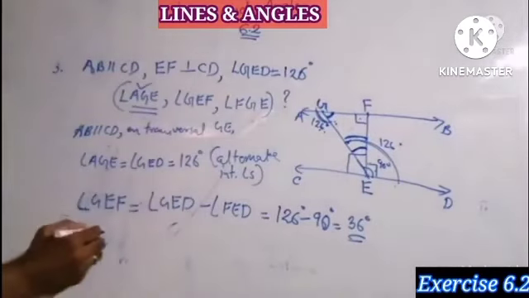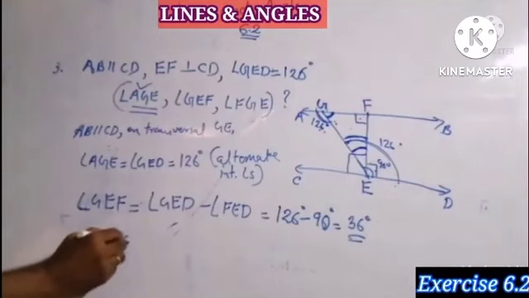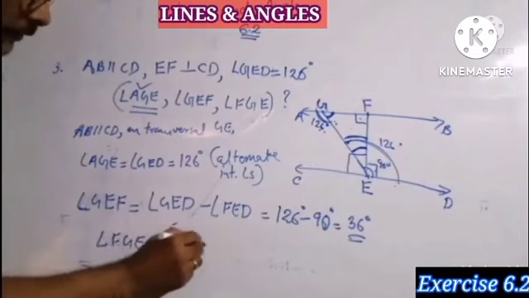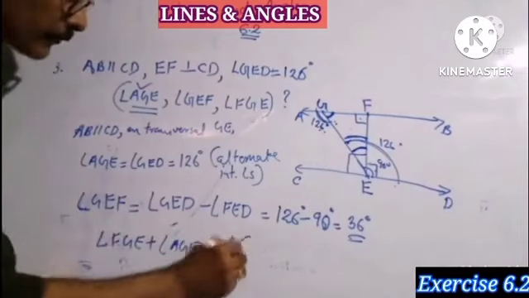So next step, last step, angle FGE. Angle FGE plus angle AGE equals 180 degree, linear pair.